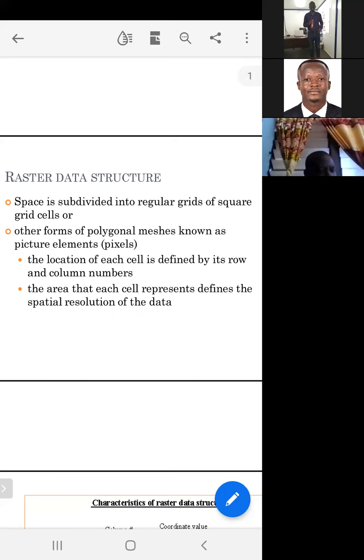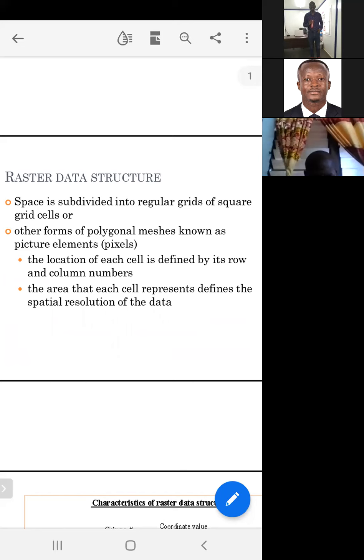Now, what is the raster data structure? What is it all about? We'll talk about the raster data structure, then we'll talk about the vector data structure. So let's look at the raster data structure. In the raster data structure, space is subdivided into regular grids of square grid cells.